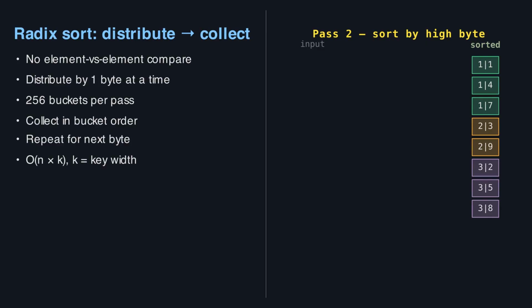No element is ever directly compared to another. After 8 passes, the 60 million rows are fully sorted. The complexity is O(n times k), where k is the key width in bytes. For int64, that is 8. This is why l_orderkey sorts so much faster than a varchar column of similar cardinality.